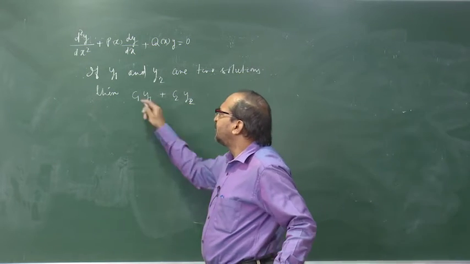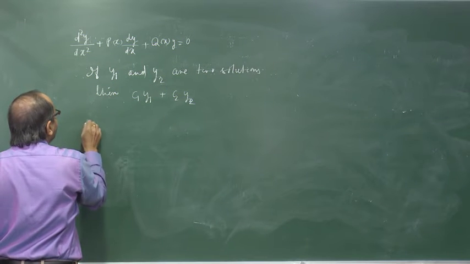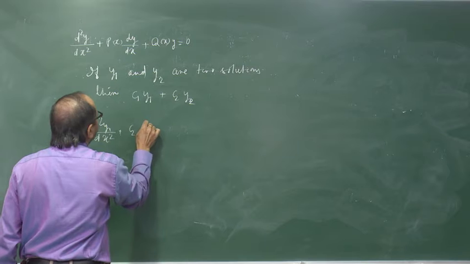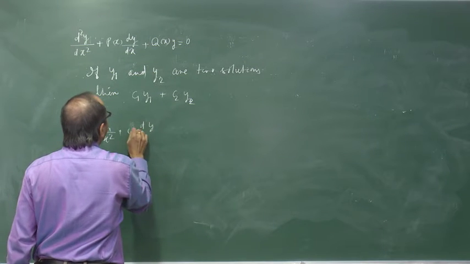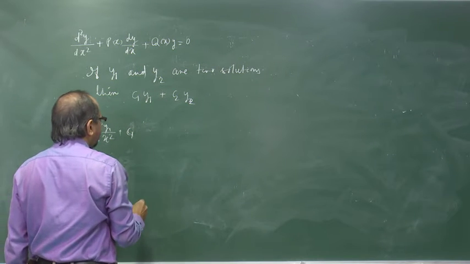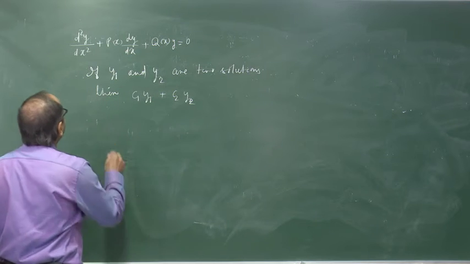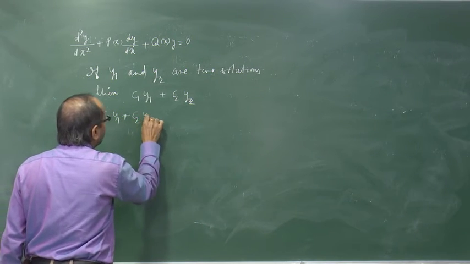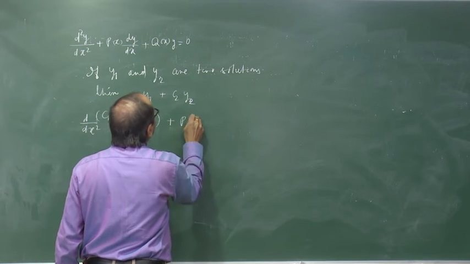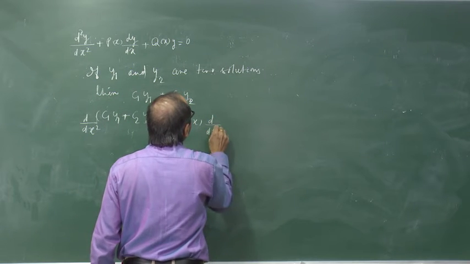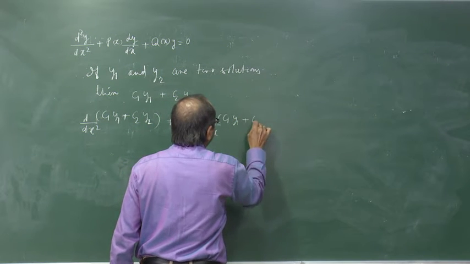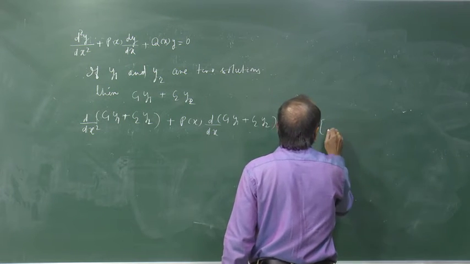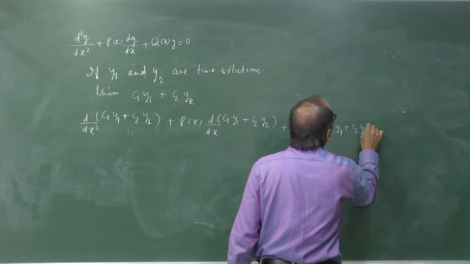If we put C1 y1 plus C2 y2 in this differential equation, we have d square by dx square of C1 y1 plus C2 y2, plus p of x d by dx of C1 y1 plus C2 y2, plus q of x into C1 y1 plus C2 y2.